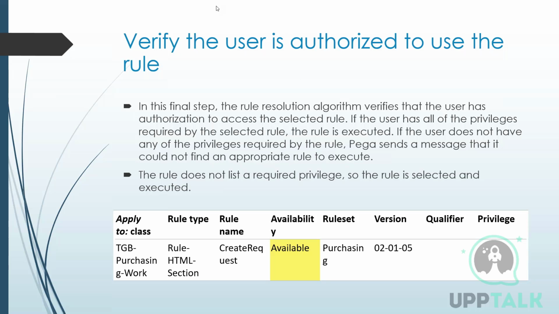So finally, the user is able to run this transaction, and the correct outcome of this search algorithm for create request is that this rule candidate is executed from TGB, purchasing, work, and then of the version 02, 01, and 5. Likewise, this happens for each and every rule that you work with. Imagine how this process works when you're dealing with an enterprise application.